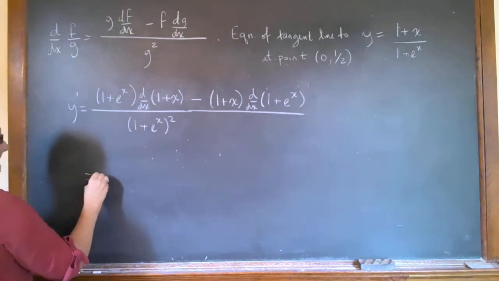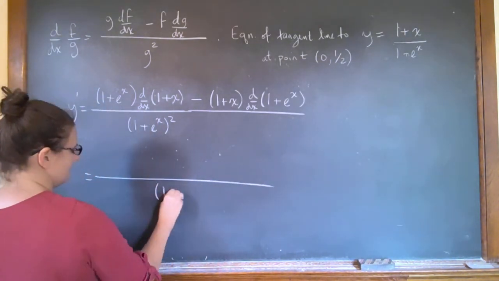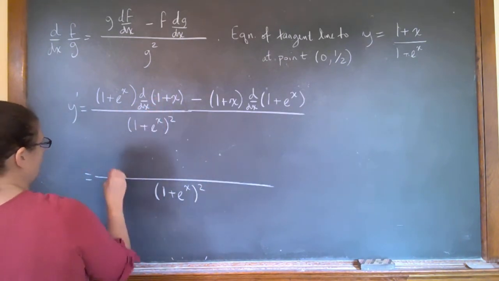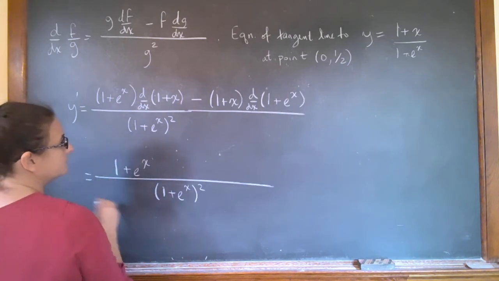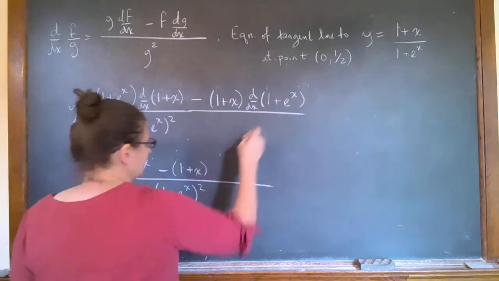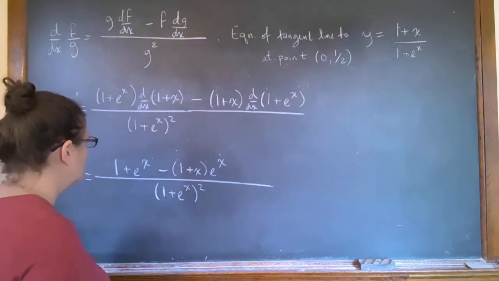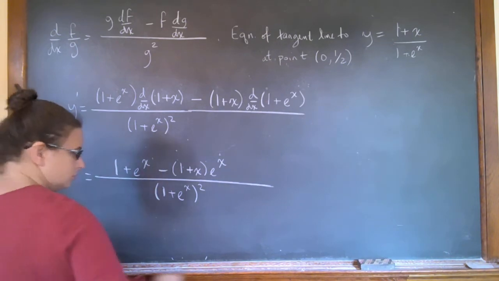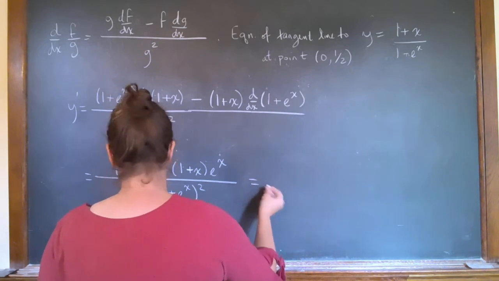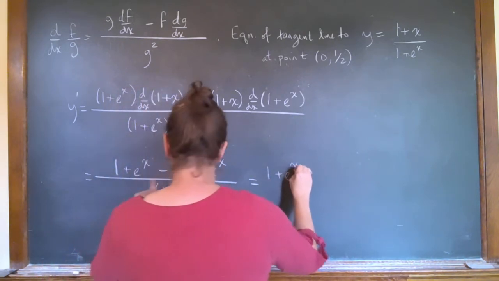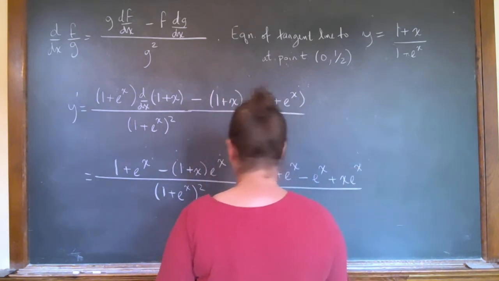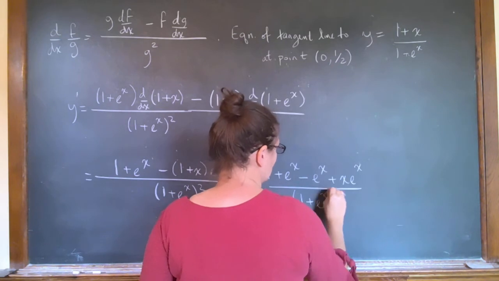So then, cleaning this up a little, the derivative here is just 1. And then the derivative here is just e to the x. So eventually, I'll put it here, right? The e to the x's cancel out, right? 1 plus e to the x minus e to the x plus x e to the x over 1 plus e to the x quantity squared.